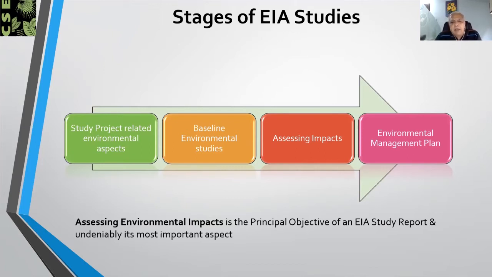In fact, this is the most important component of the EIA study. The principal objective of doing an EIA study is to assess the environmental impacts of a development and to formulate an environment management plan based upon the impacts which are derived.